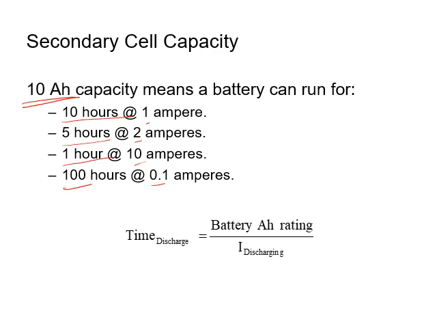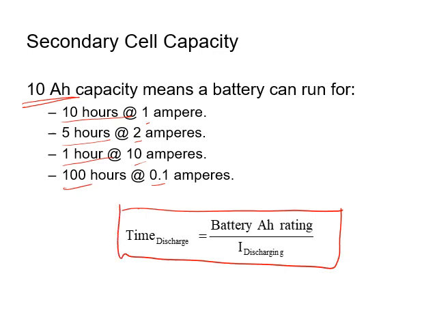So this brings the equation that the discharge time is the battery rating over the current that is discharging. It makes sense: if you divide amp hours by amps, the amp hours and amps cancel out and you end up with time. Okay?